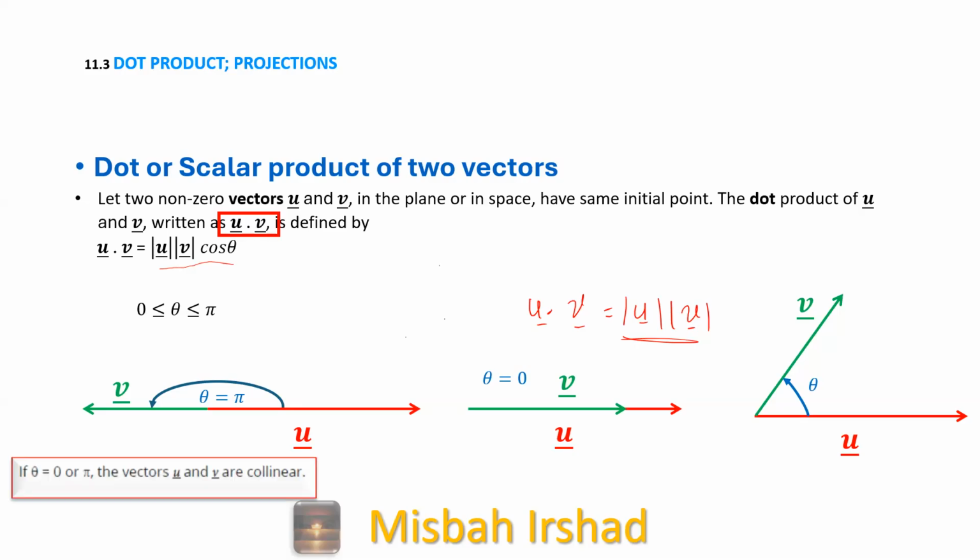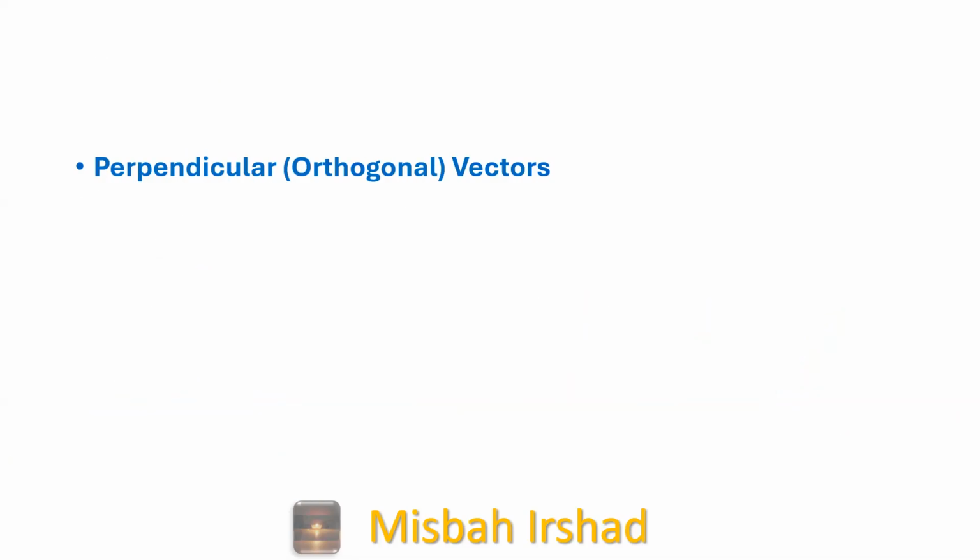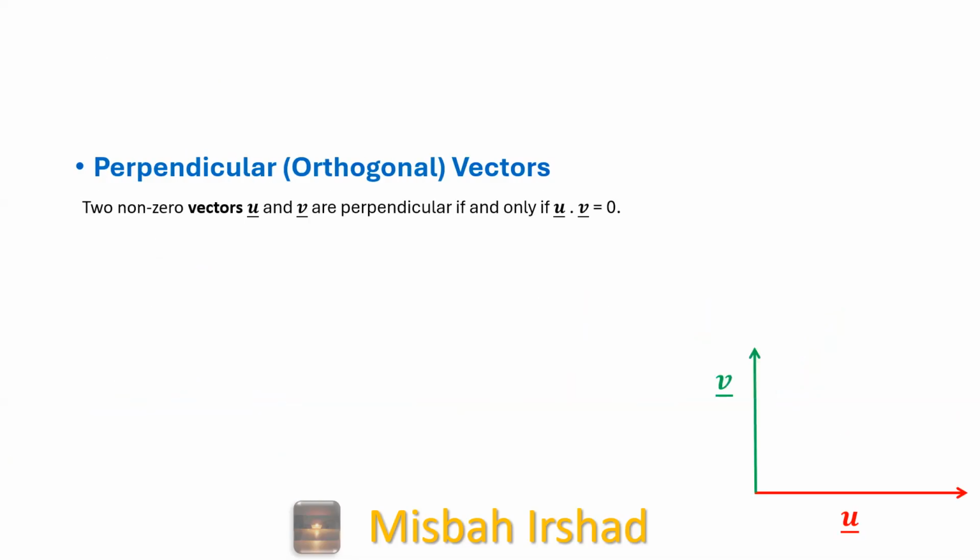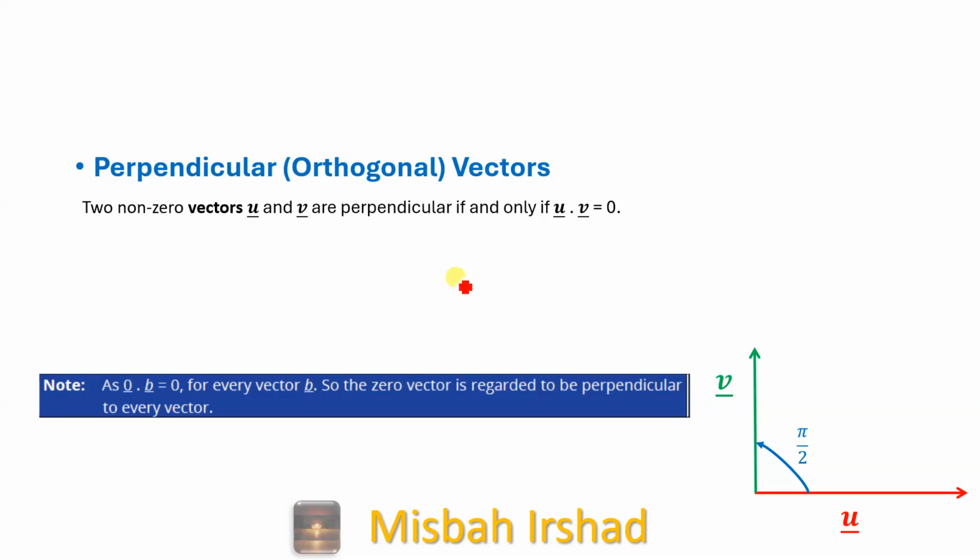So you can see if theta is 0 or pi, the vectors u and v are collinear. And if the angle between the vectors is pi by 2, that is, if the vectors are perpendicular to each other, then u dot v, that is the dot product of u and v, is 0, because cosine pi by 2 is 0.